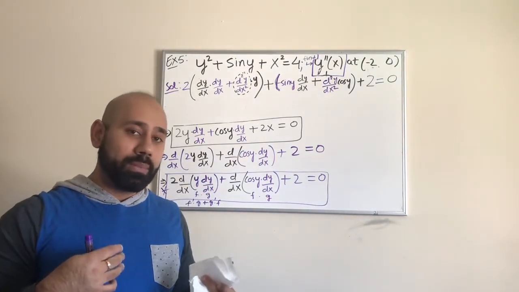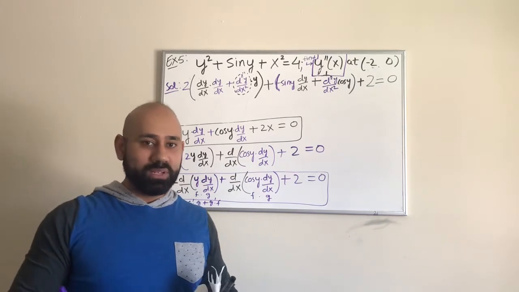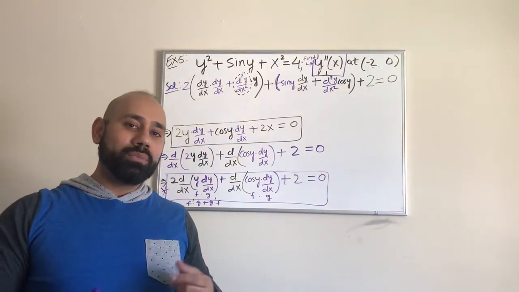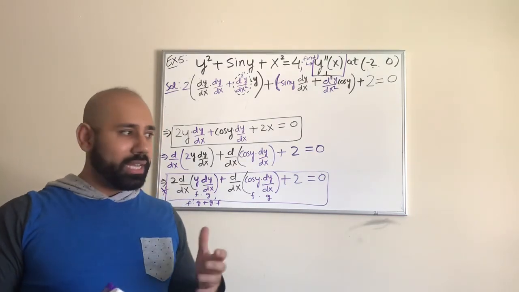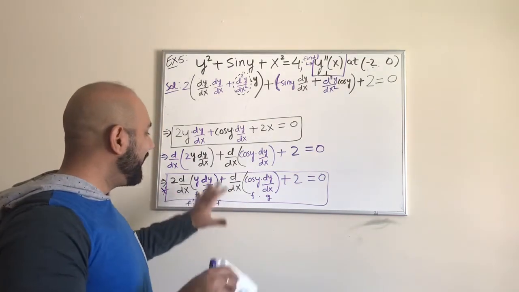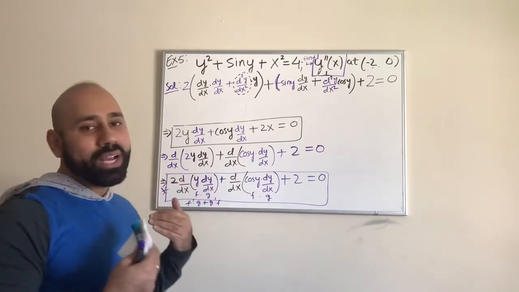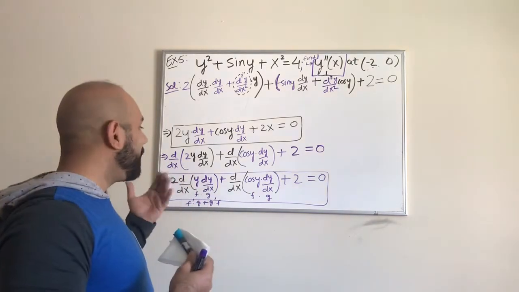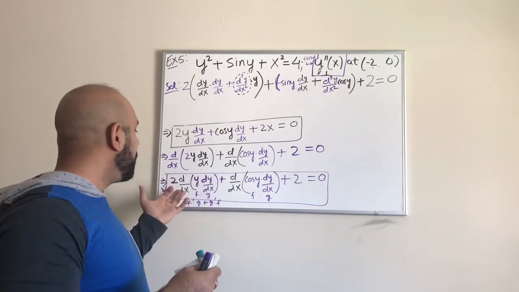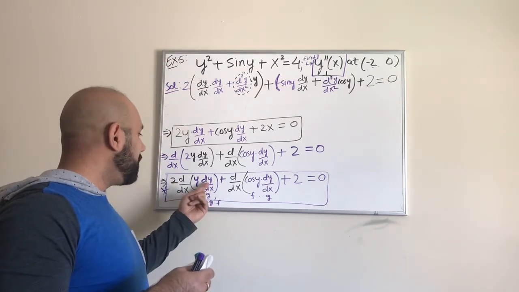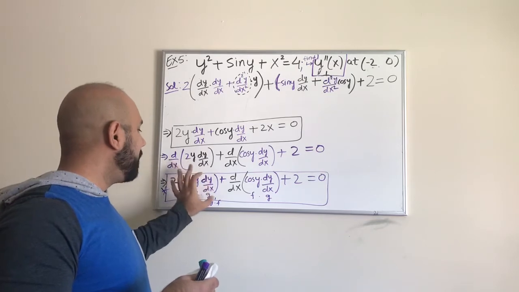But from my experience working with students for so many years, sometimes we get confused with those y prime notations, and then we may not be able to see a clear picture of this. That is why I always like to start with dy over dx notation. And when I apply the derivative again, I would sometimes change it to y prime, or I would mostly leave it like dy over dx.